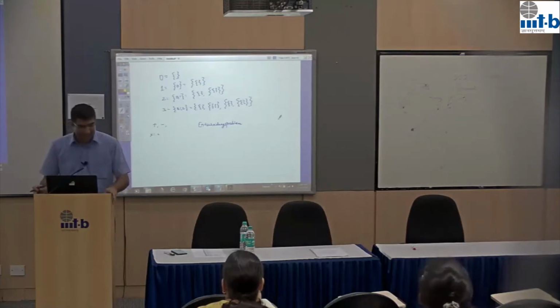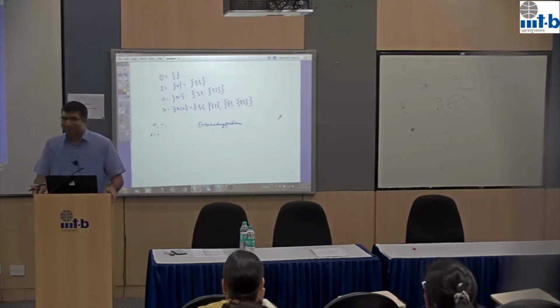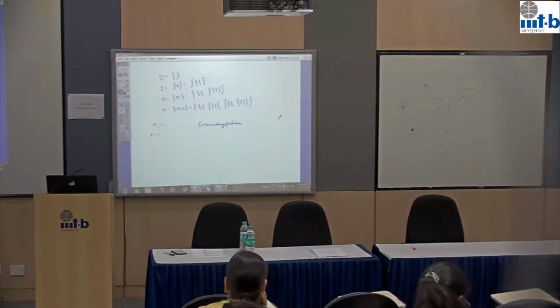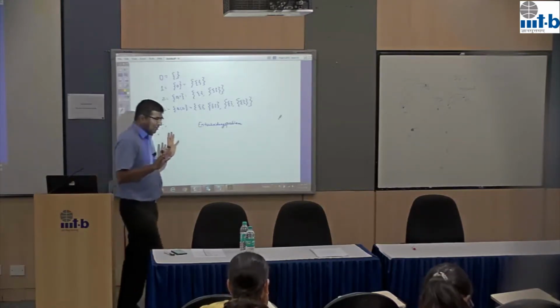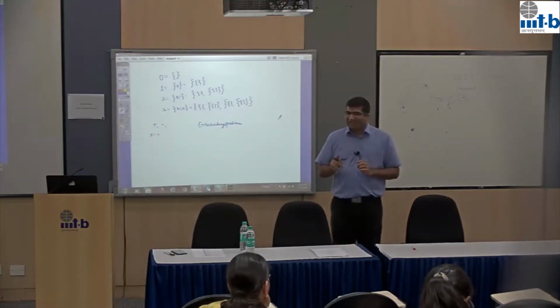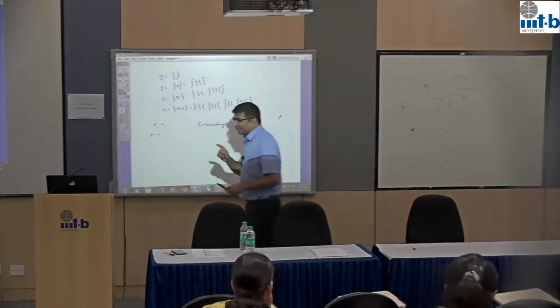Entscheidung in German means decision. So what is the decision problem? Primarily what David Hilbert said is, regardless of what mathematical problem you have, you can represent it as a set.